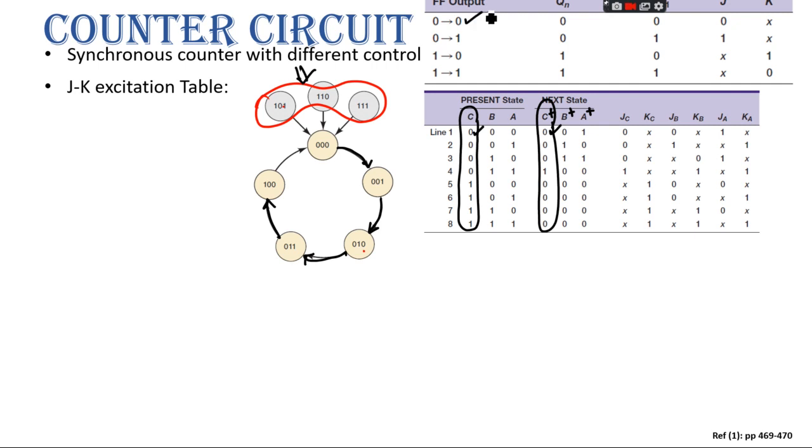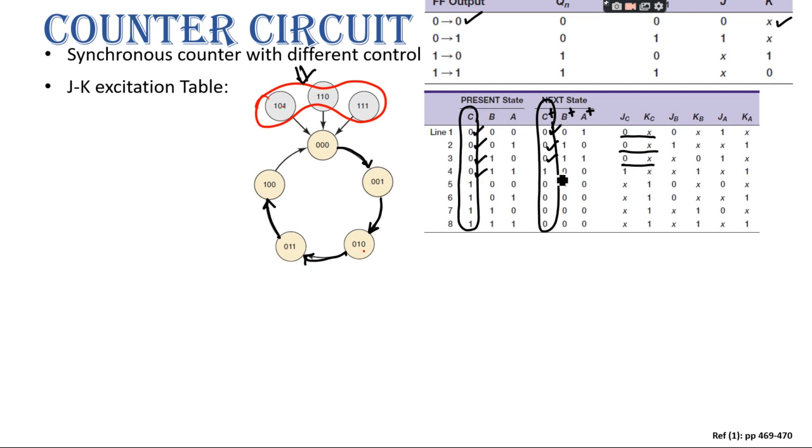When you have 0 to 0, what should your JK input be? No change, so it should be 0 and don't care. Yes, sir. So when it is 0 to 0, it should again be 0 and don't care.